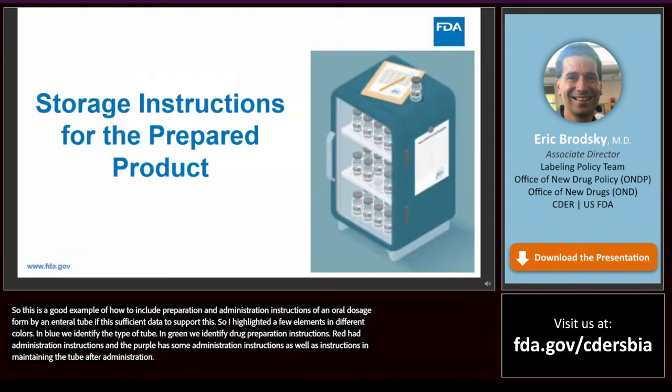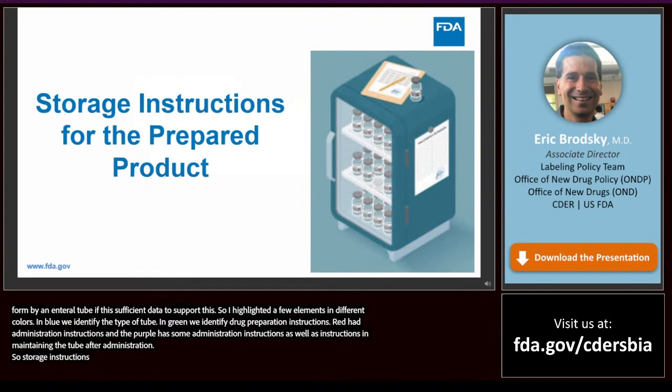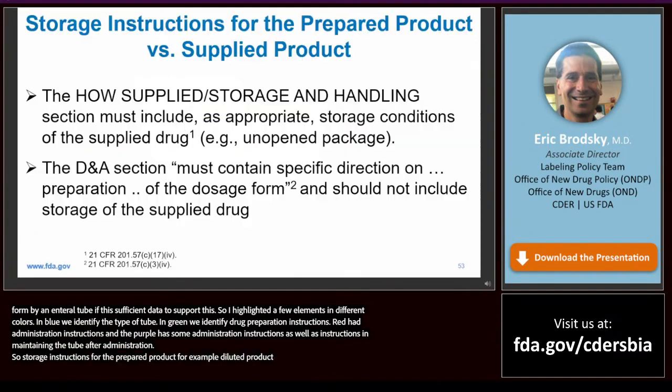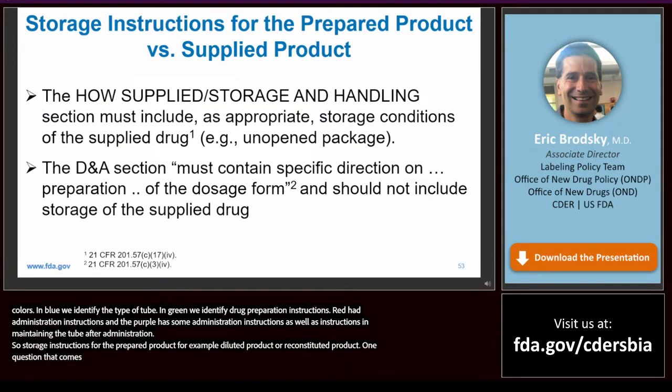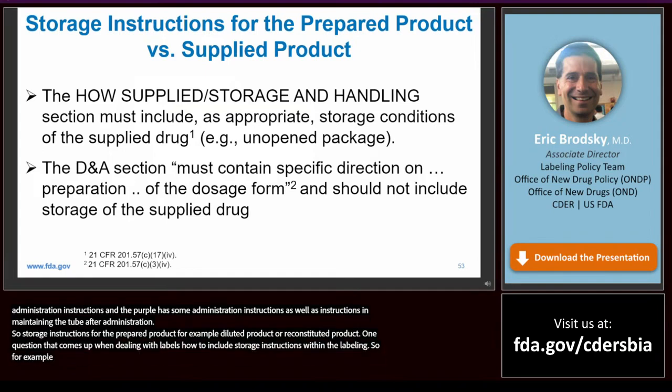Next, storage instructions of the prepared product, for example, diluted product or reconstituted product. One question that frequently comes up when reviewing labeling is how to include storage instructions within the labeling. So for example, storage instructions of the supplied product versus storage instructions of the prepared product.